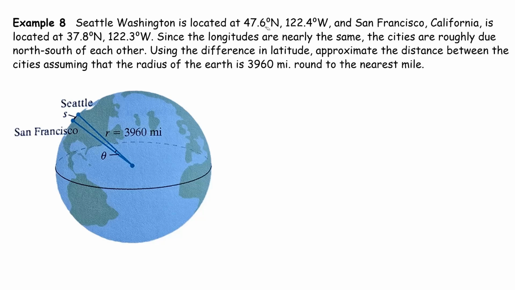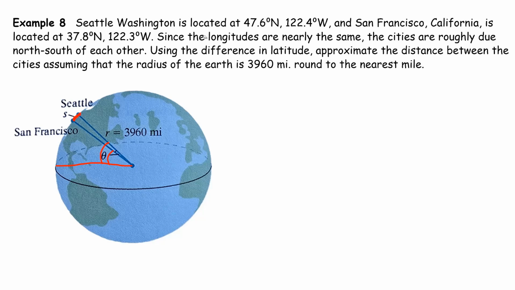If we want to find the distance between them, all we need to do is find the length of this arc right here. The equator is here, and San Francisco is this many degrees up and Seattle is this many degrees up.